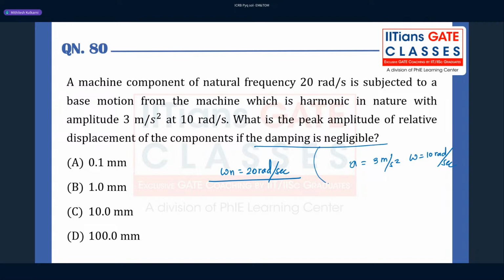Damping is negligible means zeta, which is C by Cc. C is 0 means C by Cc will become 0, so zeta will become 0. Okay, that is what they are highlighting here.